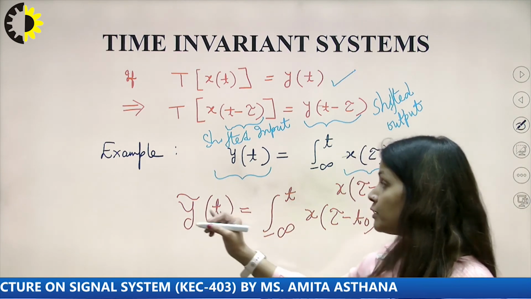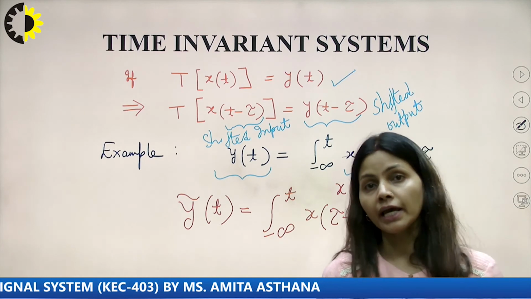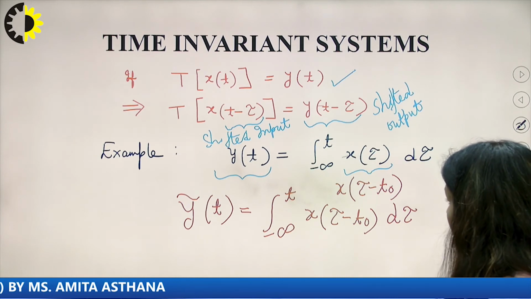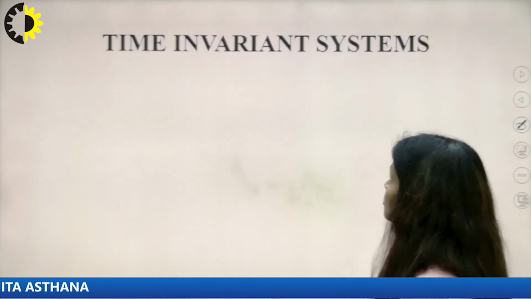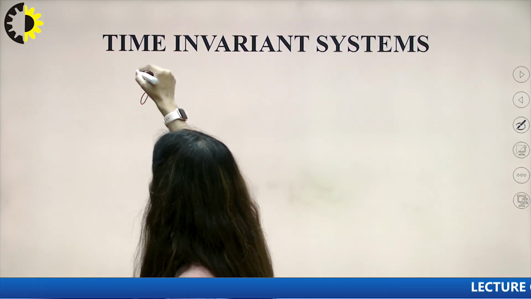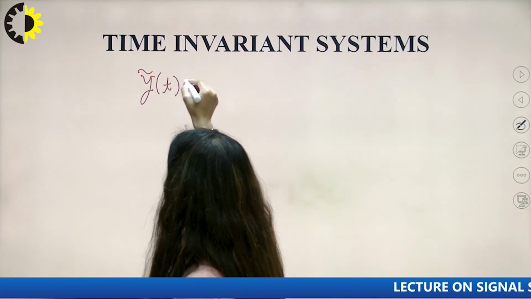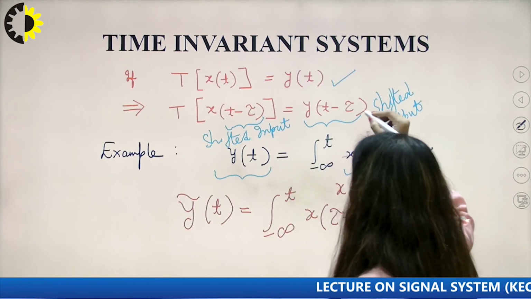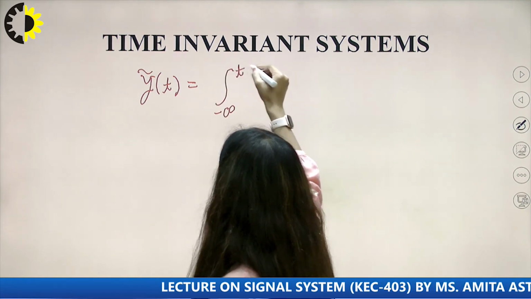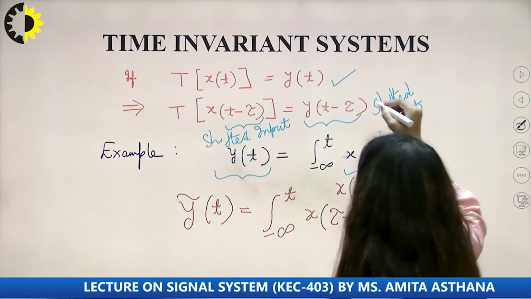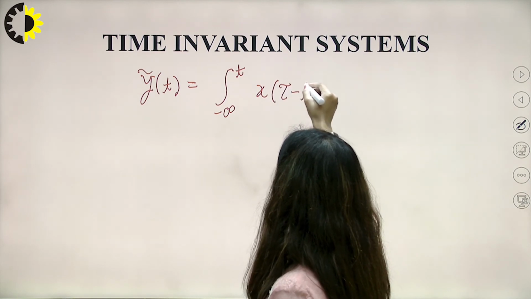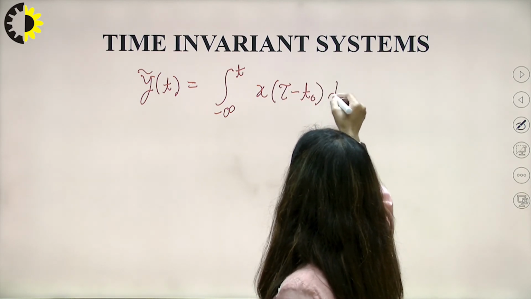If y bar(t) is the shifted output, then I can say my system is a time invariant system. Let us see that. I should rewrite y bar(t) is equal to the integral from minus infinity to t of x(tau minus t naught) d tau.